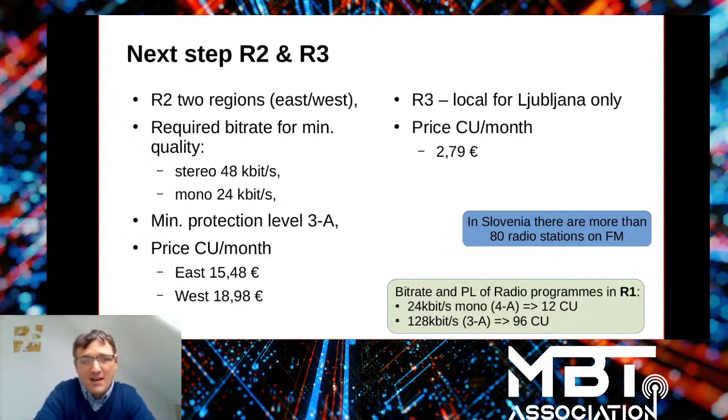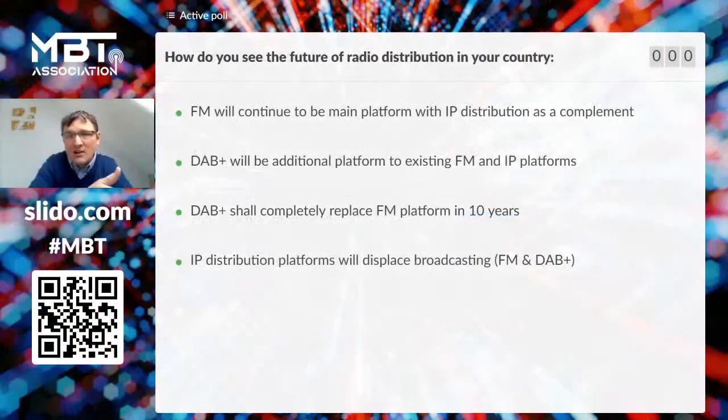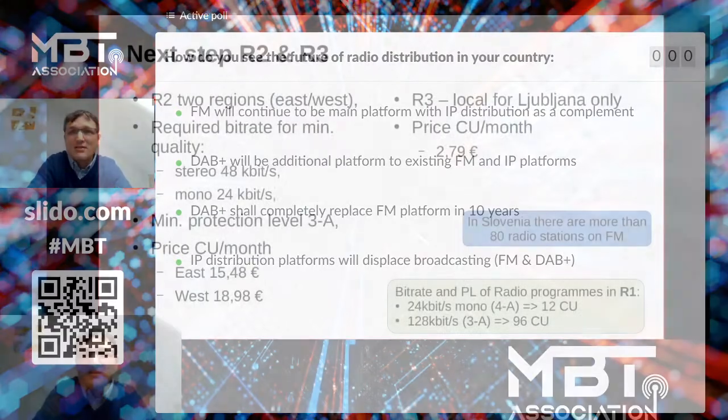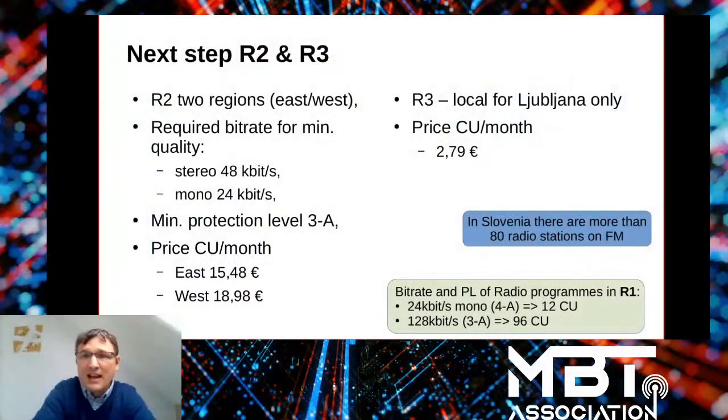But what is the problem? When users are driving on the road, because our national programs are with 3A protection ratio, they can listen to national radios. If they get to maybe their favorite private radio, they switch to another. They experience better reception, worse reception, and worse quality of signal.